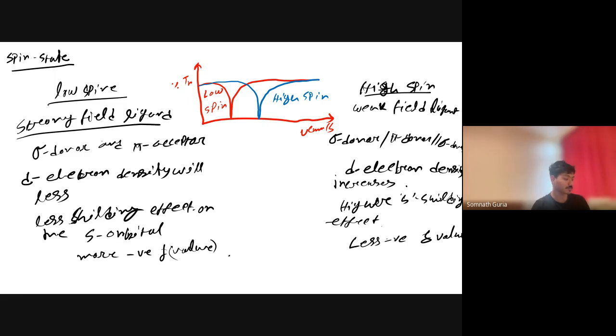Okay, now another factor comes into the picture, one of the major factors. Sometimes, if we record the Mossbauer spectroscopy, we will get two lines. Let's suppose we have ferricyanide.